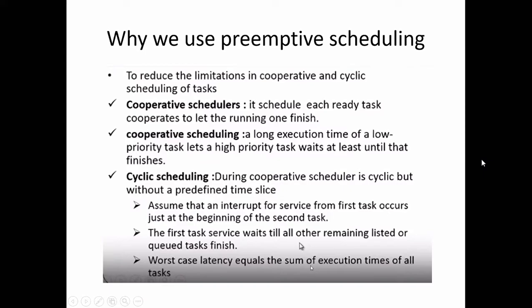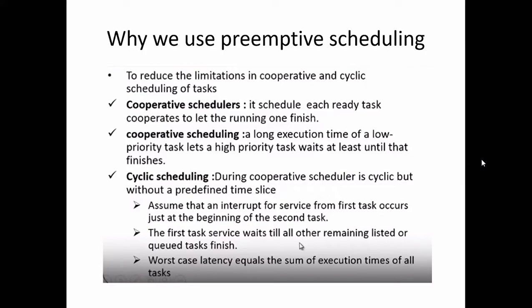So cooperative scheduling is somewhat like a higher priority task giving a chance to a low priority task, which was not happening till now. Now, in cyclic scheduling, this cooperative scheduling is in a cycle. It will keep repeating, but there are no time slots, no mechanism of time slicing. We have seen in detail in the last class what a time slice is: dividing the time frame into time slots.